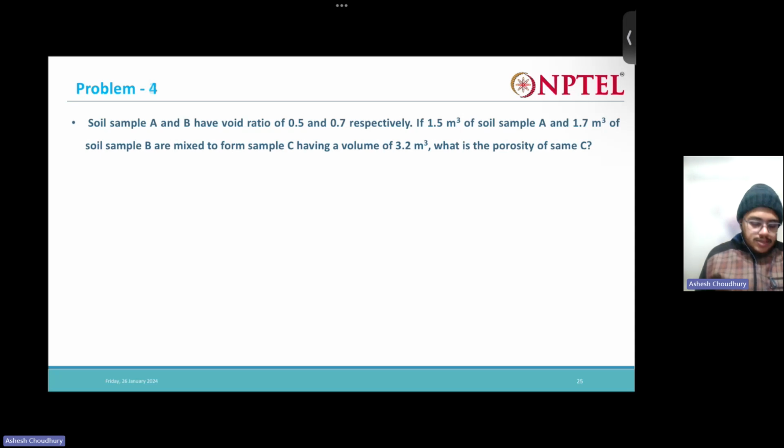Okay. So soil samples A and B have void ratios of 0.5 and 0.7 respectively. All right, so there are two soil samples, A and B. A has a void ratio of 0.5 and B has a void ratio of 0.7.